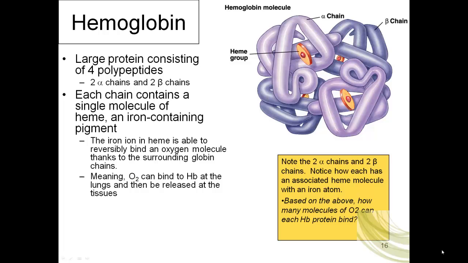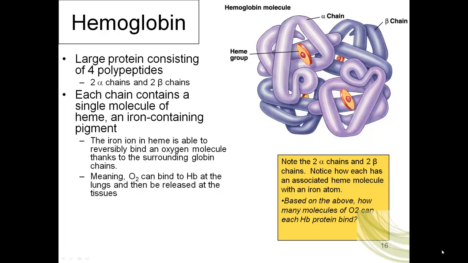So then your next question as a student would be, what actually dictates the iron to bind to oxygen and let it go then in the tissues? And the answer is, it's the beta and alpha globin chains that are going to dictate the reversibility of the iron binding to oxygen or letting it go.